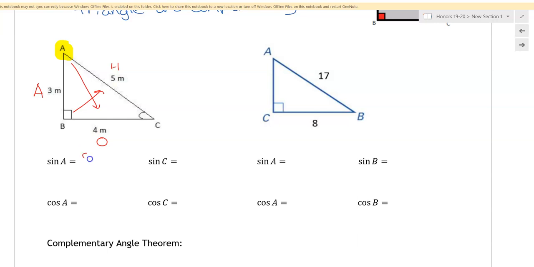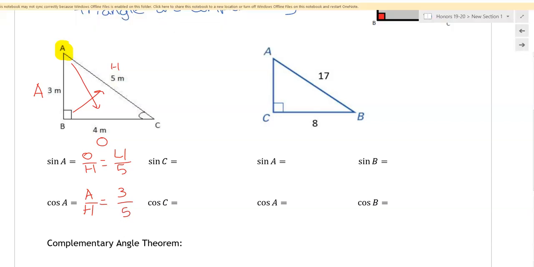So sine is O over H, which is 4 over 5. And cosine is A over H, which is 3 over 5.